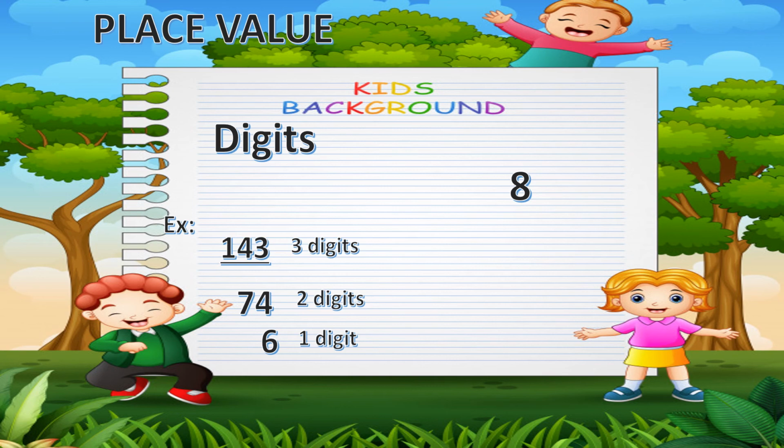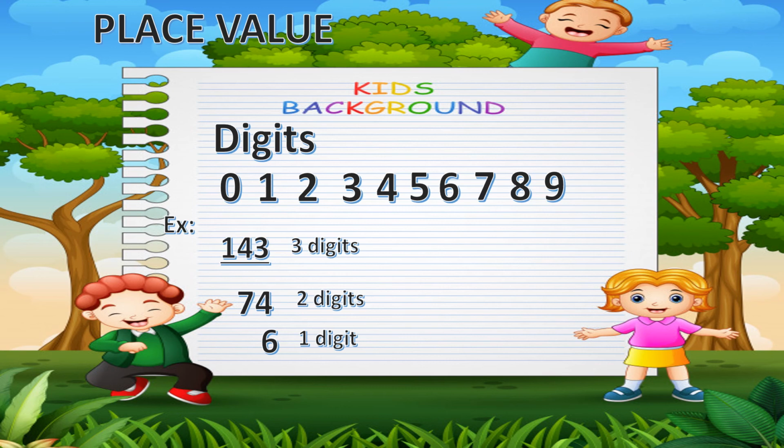Digits are single symbols used to make numerals, like 0, 1, 2, 3, 4, 5, 6, 7, 8, and 9. There are 10 digits we use in every numeral.